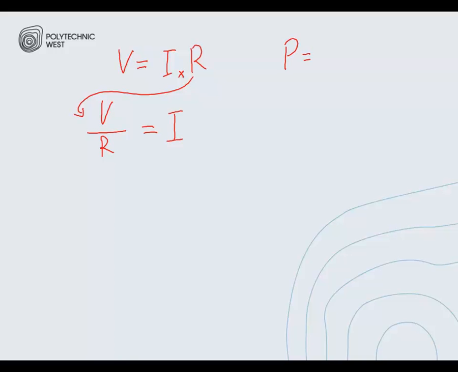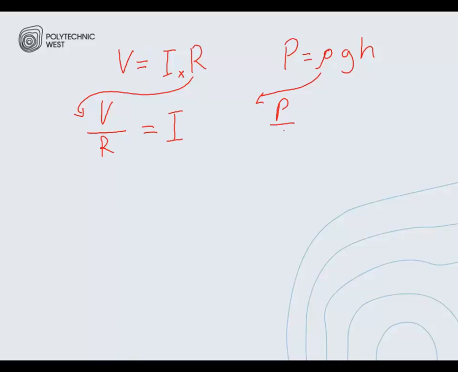Let's try another one. P equals rho G H. In this case I want to see what the H is, so I want to get the H by itself. The first thing I'll do is get rid of the rho. The rho is multiplying, so I'm going to take it over the other side and divide.